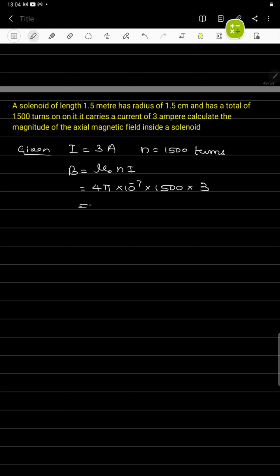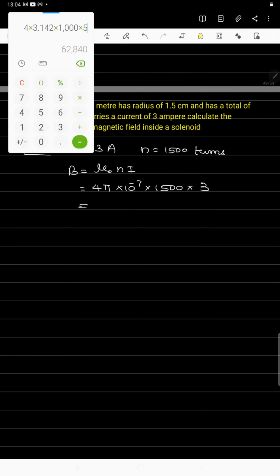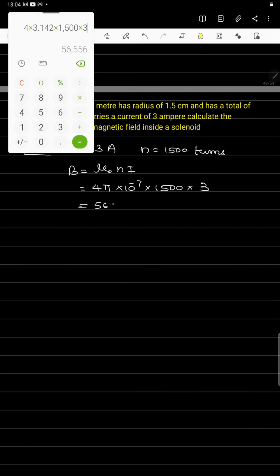If you multiply, 4 into 3.142 into 1500 into 3, you will get 56556 into 10 to the power of minus 7.